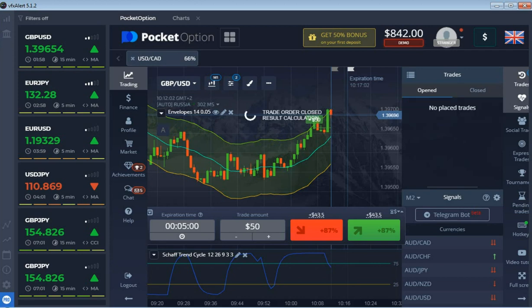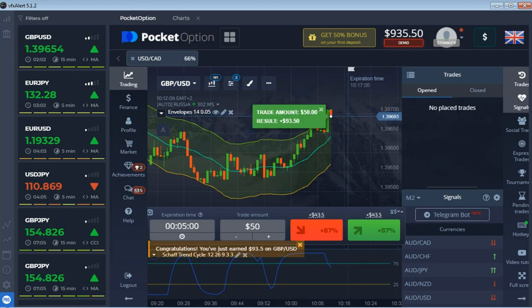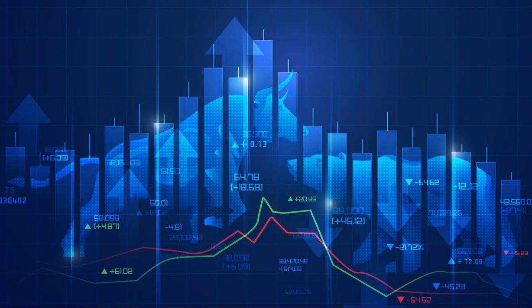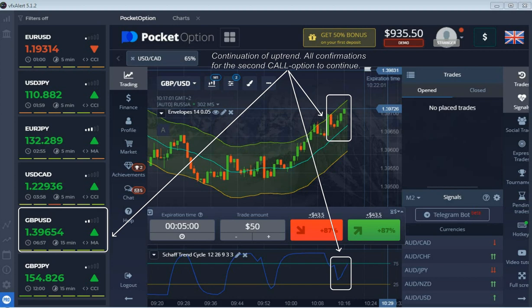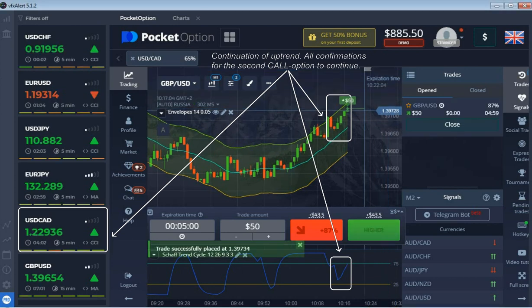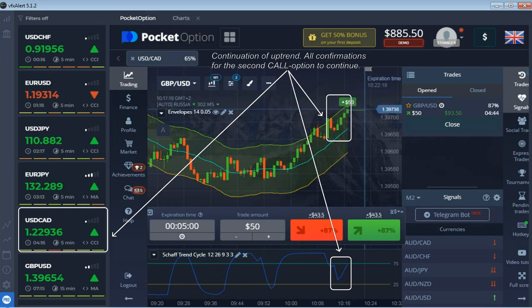The second profit. We control the trend for the pound. On the pound after the first pullback the uptrend continues. The oscillator did not reach the oversold zone, confirming the second call signal on vfxAlert.